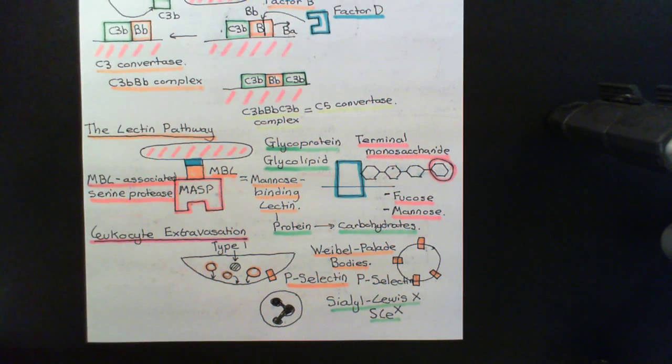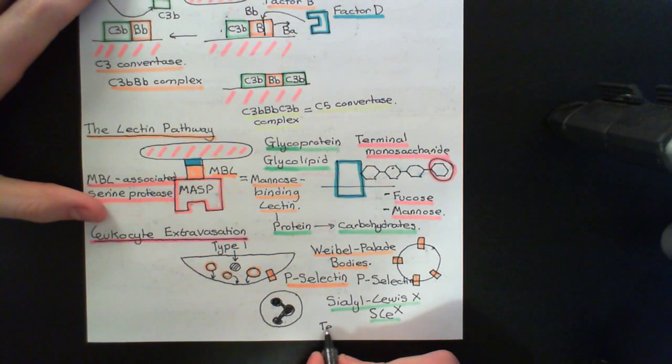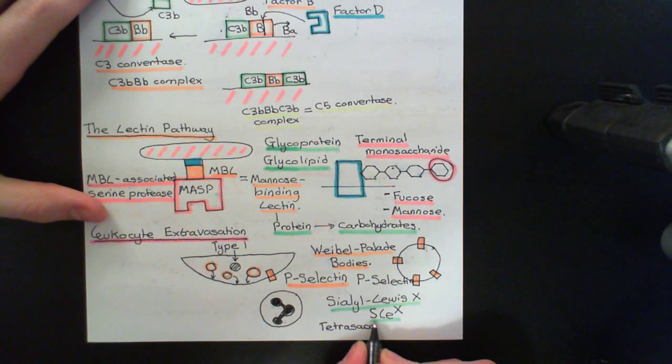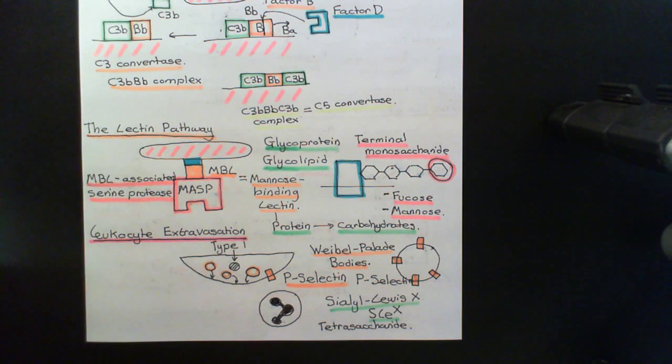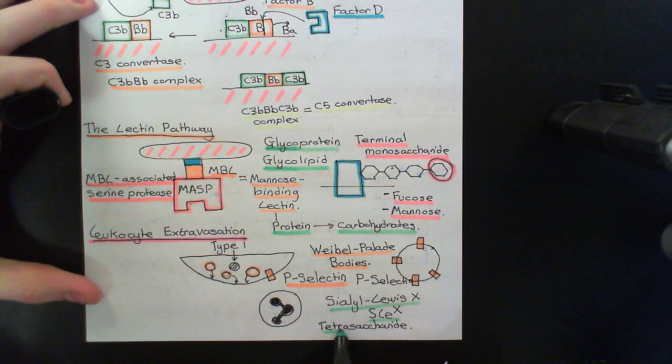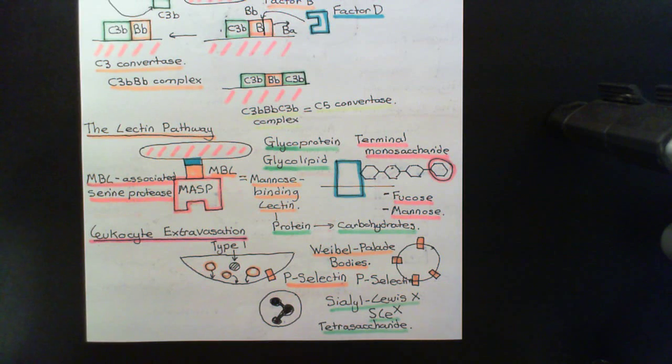It's going to bind to carbohydrate molecules. So sialyl Lewis X is actually a carbohydrate molecule. Specifically, it consists of 4 monosaccharides, and therefore it's a tetrasaccharide molecule. Tetra just means 4 saccharides. So it's a very small little carbohydrate molecule, and sialyl Lewis X is a tetrasaccharide which can be added on as a carbohydrate moiety onto a great many different molecules.